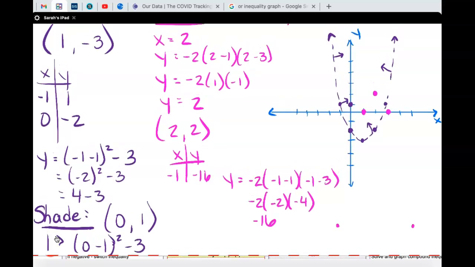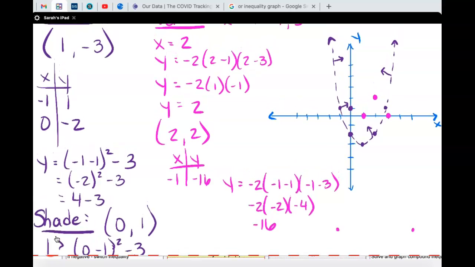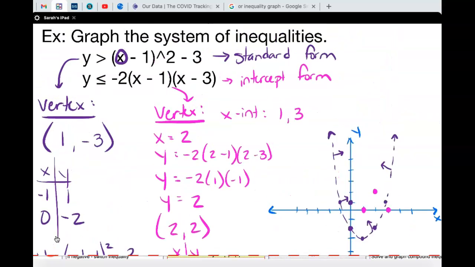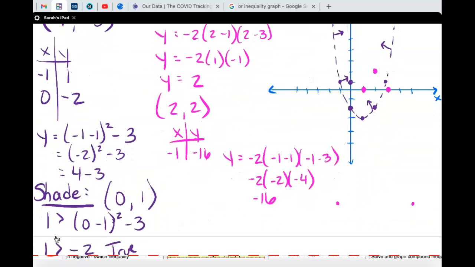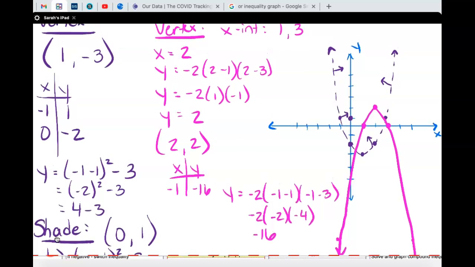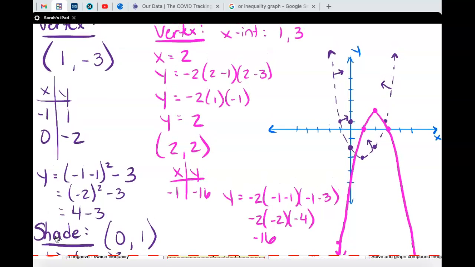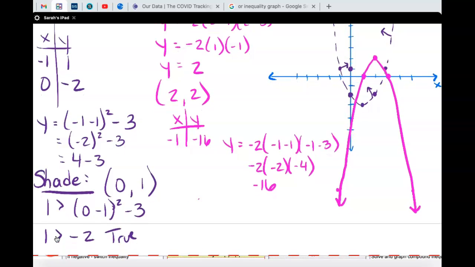So solid or dash line? It would be a solid line. Solid. So, oh gosh, kind of left my point. See what I mean? I just made the last one, so I forgot. Okay, but we should check where we're shading to finish this problem.